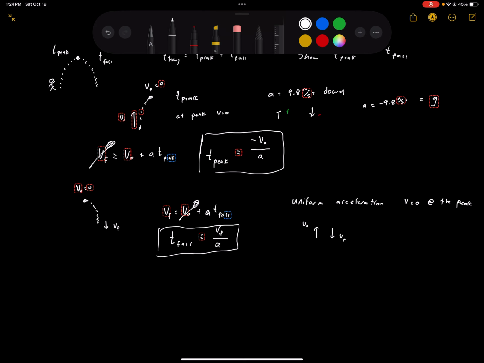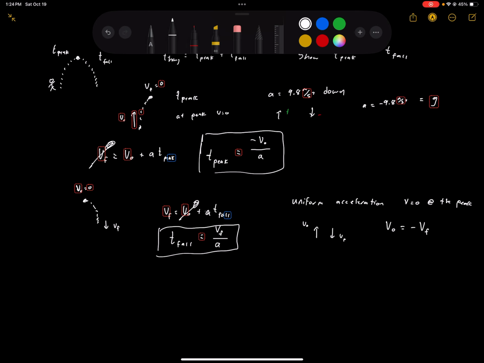I know that my initial velocity has to equal the negative of my final velocity. I'm calling up positive, down negative, and that's how you approach this kind of problem. The initial velocity equals the final velocity in magnitude, they're just in different directions.